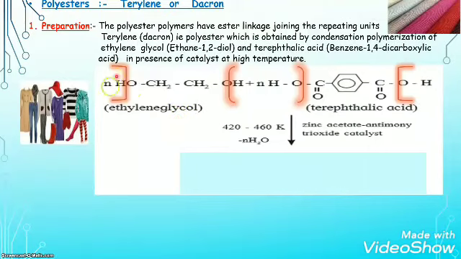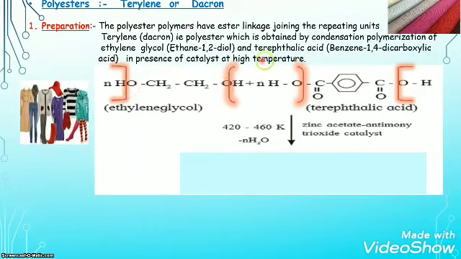How? The structure of terylene starts with O. Here O, then dash CH2, dash CH2, dash O. Then directly after removal of water molecule, this structure is joined to the carbonyl carbon of terephthalic acid. Then benzene ring, then carbonyl carbon, and structure is O-R.